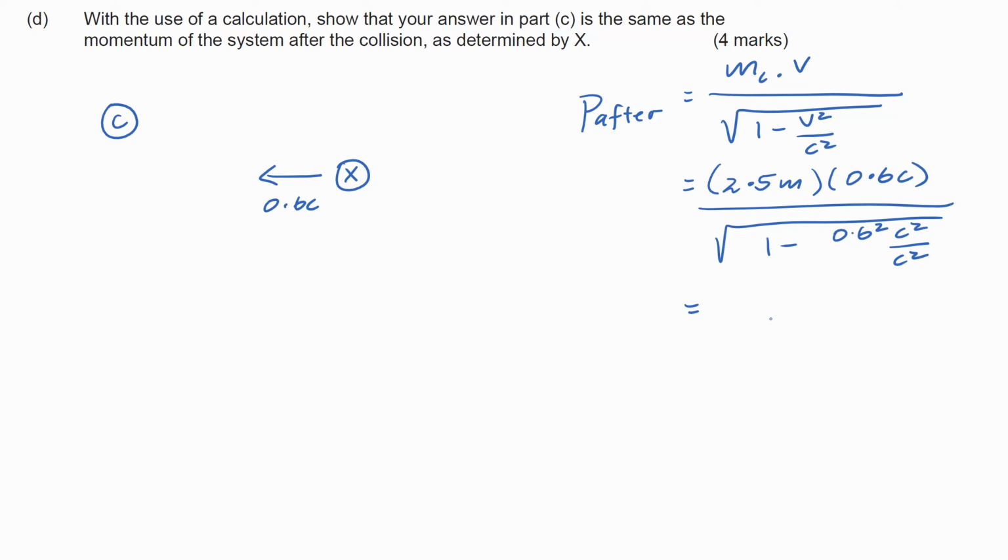If we pop those numbers in, we end up with 1.87 mc, as we expected from part C. So that is question 18 from the 2021 paper concluded.